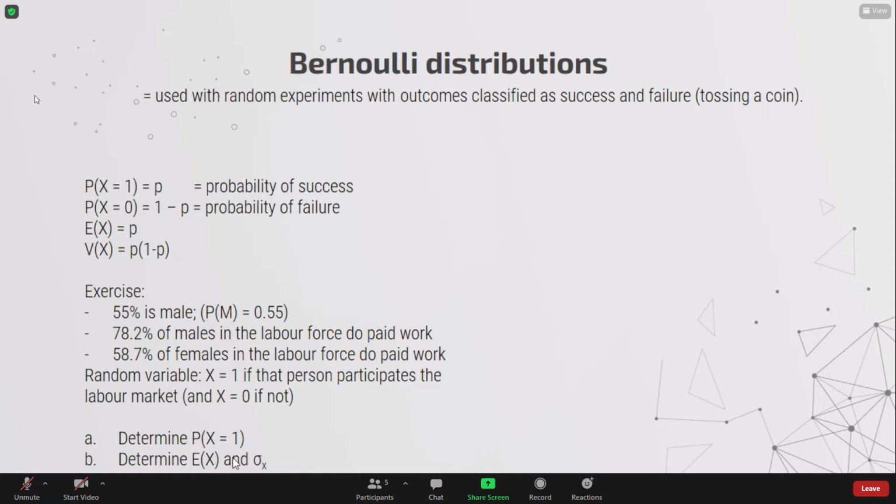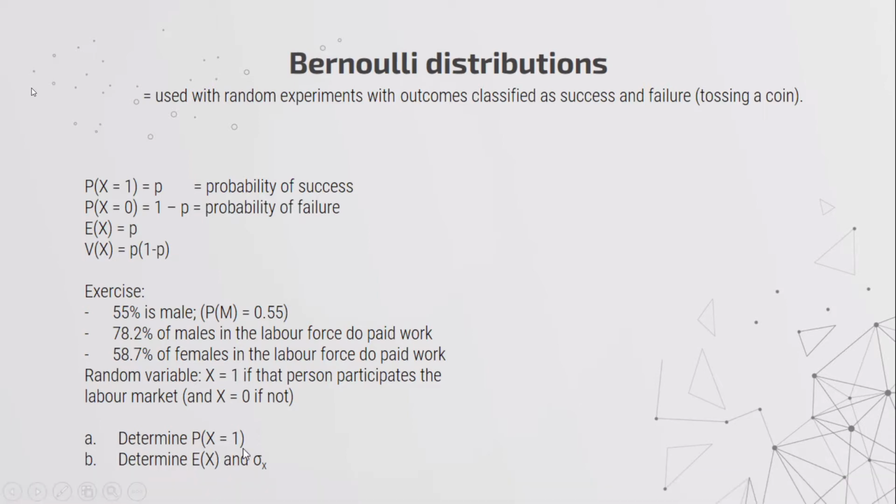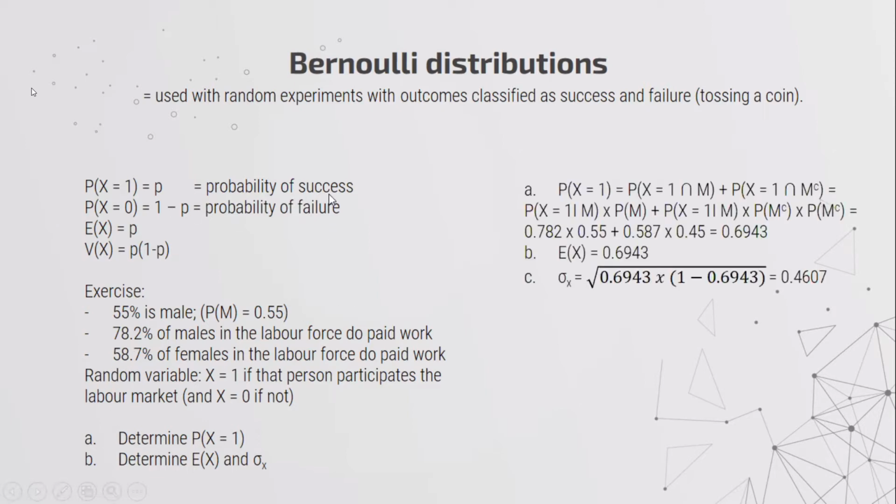The important part is to understand that X1 is our probability of success. Success means having people that do paid work. But in our case, we don't have just people. We have male and female that are all people. So we need to compute the sum of all men and women doing paid work. And we are given already some percentages, so we just have to use them to calculate it.